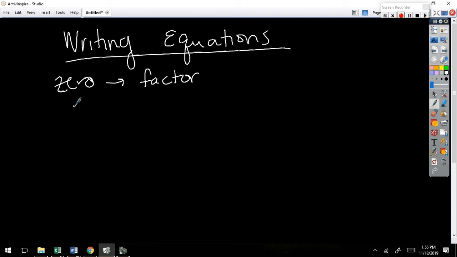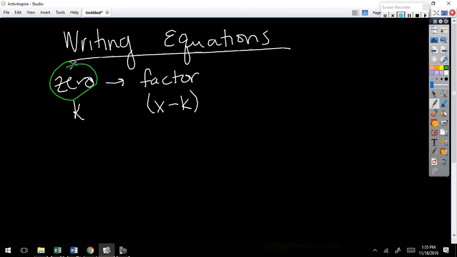Because for any zero, let's say the zero was k, then x minus k must be a factor, right? So we can take all the zeros of a function and put them together and have all the factors and then find the equation for any given polynomial with whatever zeros it has.